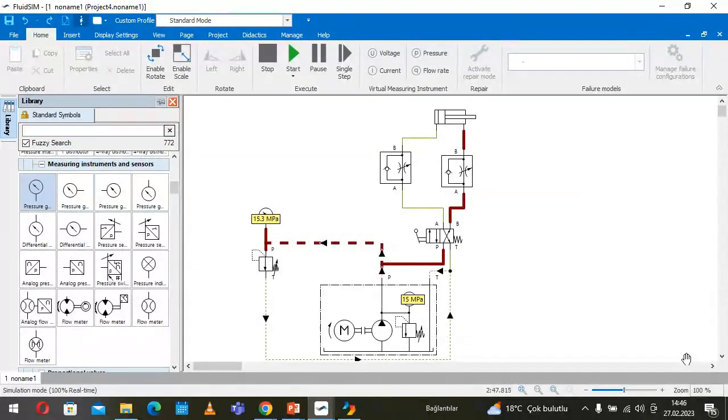It costs money, it needs energy to produce hydraulic energy at 30 bar and not use it. It is not efficient, not the correct way. So I use another pressure relief valve and adjust it to a pressure value which is sufficient for me, like 15 bar, and I work with that.